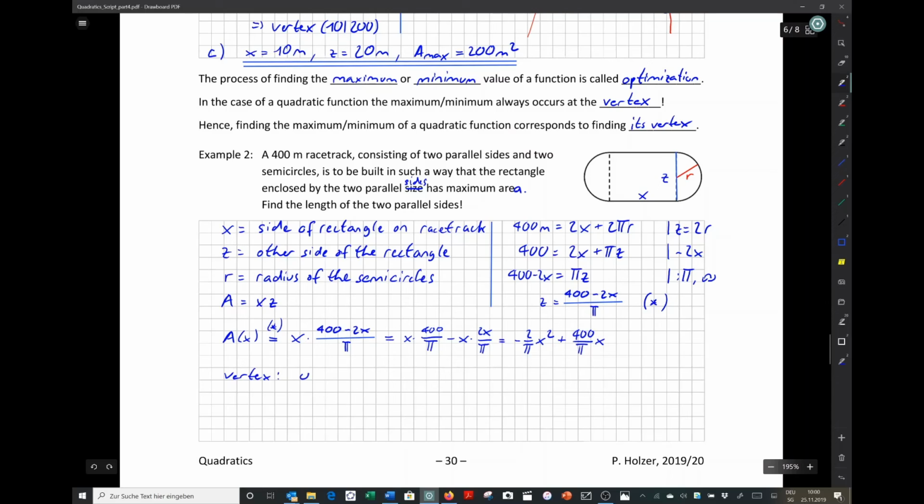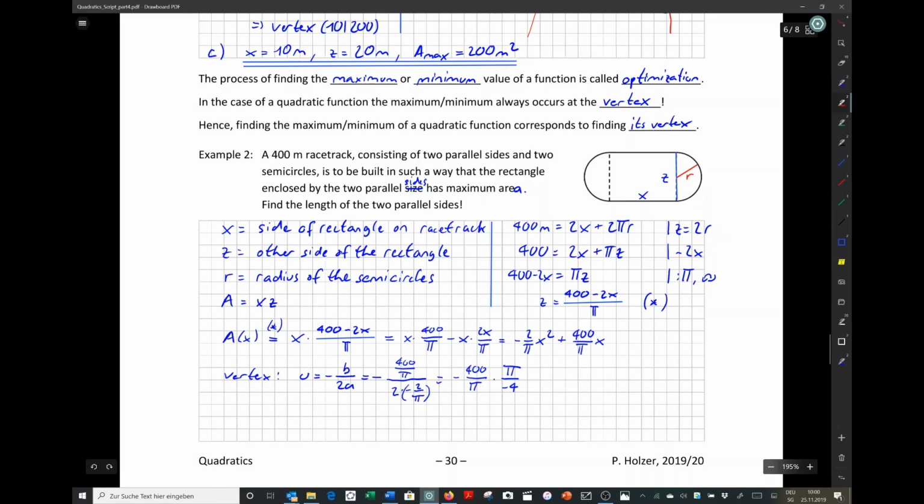So u is minus b divided by 2a. So we get minus 400 divided by pi, and the whole thing divided by 2 times minus 2 divided by pi. Well, we can rewrite that just as minus 400 divided by pi times pi divided by minus 4.